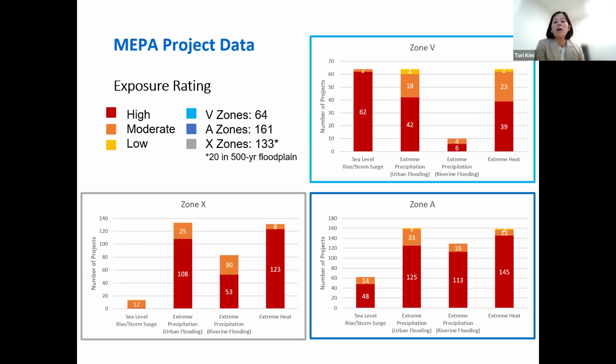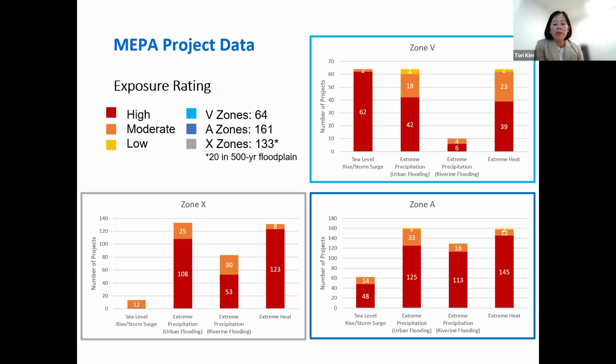Now, the tool does incorporate future-oriented data. So this is projecting out during the useful life of the project. The tool is saying there is a high risk for sea level rise, storm surge in these coastal areas. In the A zone chart, again, not a big surprise. The high risk bars in the middle two columns pertain to extreme precipitation, both urban flooding as well as riverine flooding, which is flooding next to rivers.